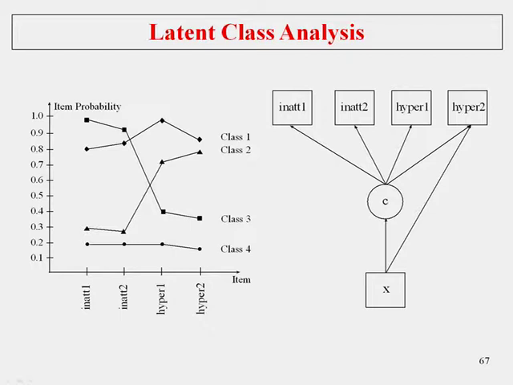And that's a measurement parameter describing the items. So for each item here, we have 4 probabilities, 4 parameters. So with 4 items and 4 classes, it would be 16 parameters here. Whereas the structural parameters are, well, there are 4 probabilities, but they have to sum to 1, so it's really only 3 different parameters.